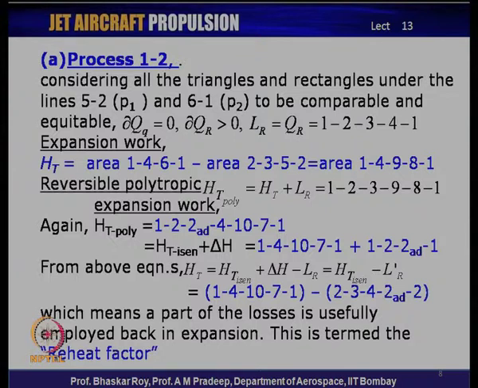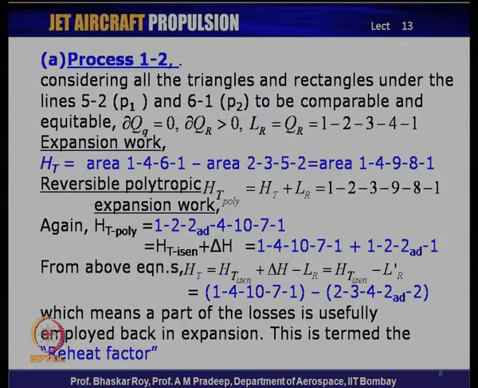So, from the above relations and the rectangles and triangles that we have considered, we can write that the H T, the work that is extracted, is H T isentropic plus delta H minus the losses.